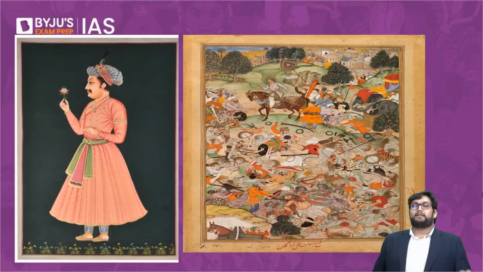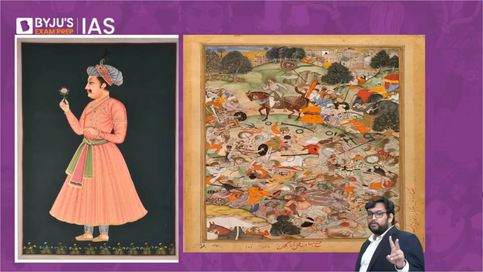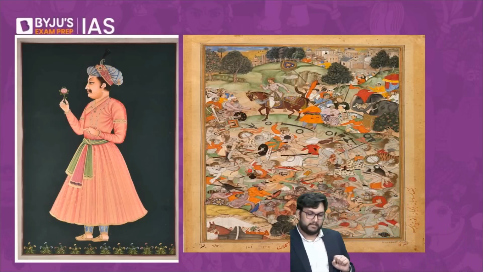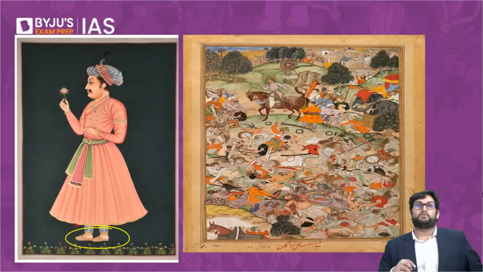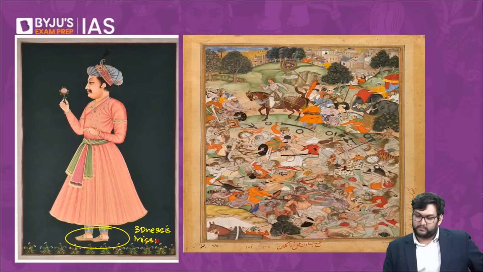So Akbar, in these two images can be properly summarized. The feet itself tell you that 3Dness is missing. Because when you make 3D legs, or when you make by depth, you make legs like this.